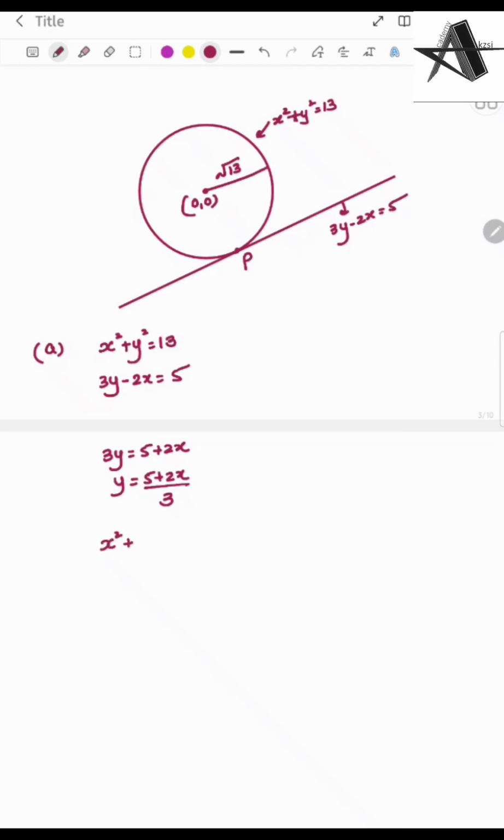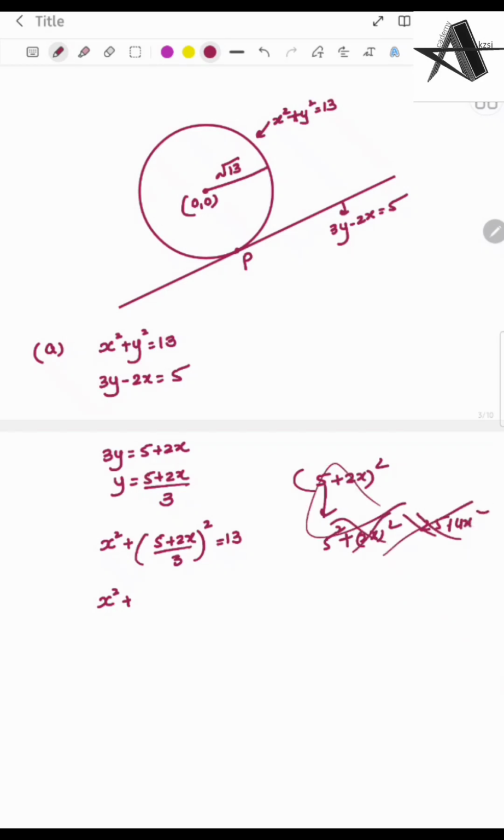x squared, and in place of y I'll write 5 plus 2x over 3 whole squared equals 13. Now the most common mistake that I have described in my previous videos as well: students do 5 plus 2x whole squared, so they square 5 and square 2 and get 25 plus 4x squared, which is wrong. 5 plus 2x whole squared means 5 plus 2x times 5 plus 2x.